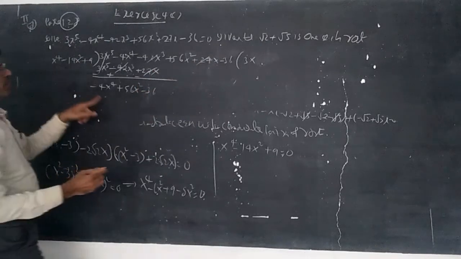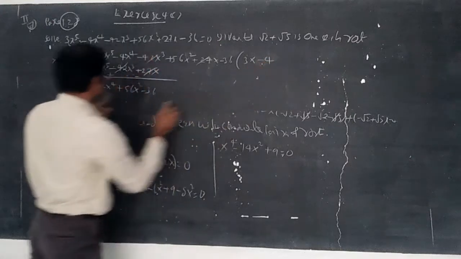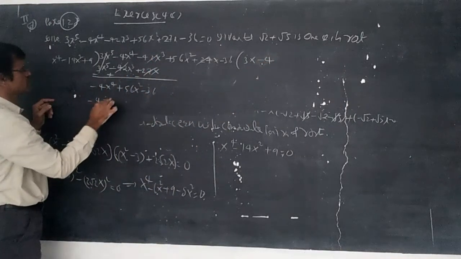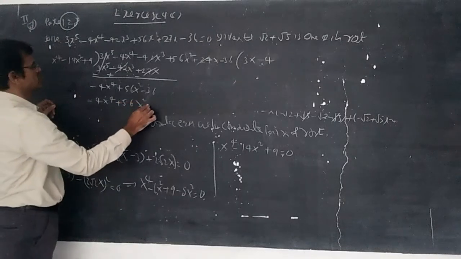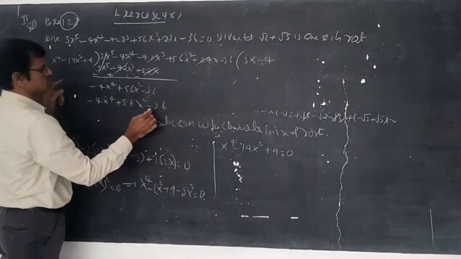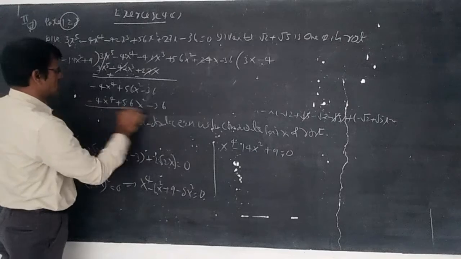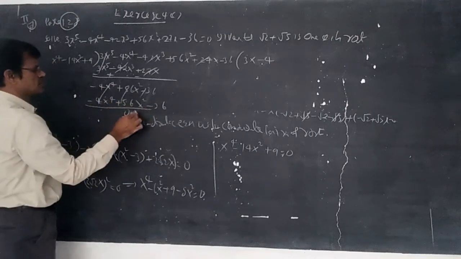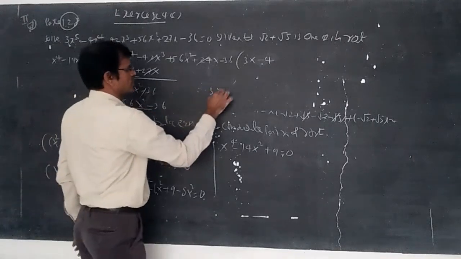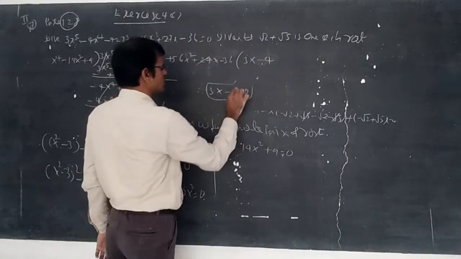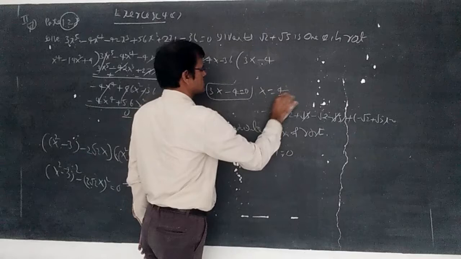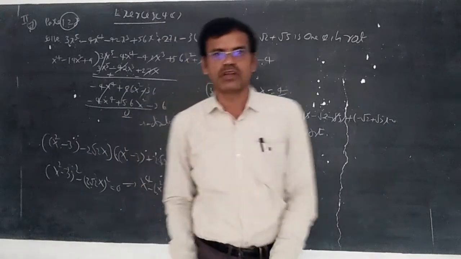Now minus 4 you put here. So it becomes minus 4x power 4 plus 56x square minus 36, exactly this will be getting cancelled. Therefore 3x minus 4 equal to 0 is a single monomial. So x is equal to 4 by 3 we got.